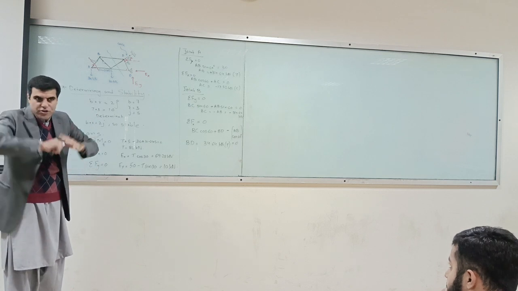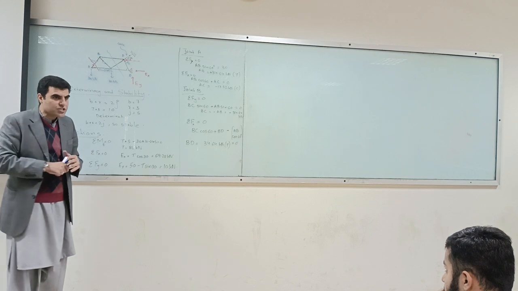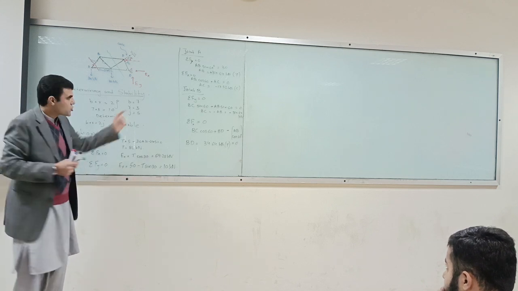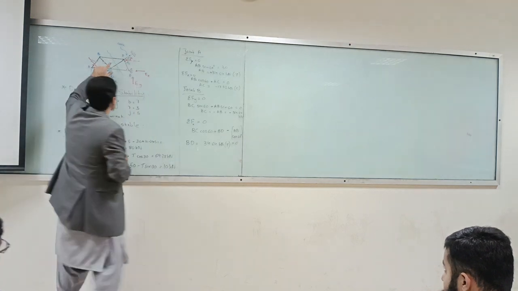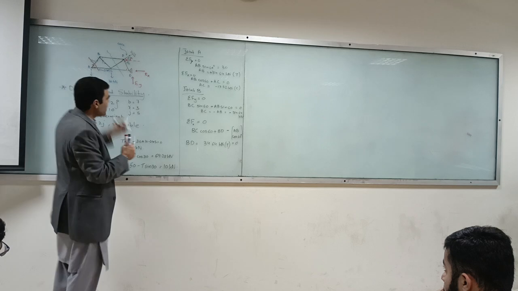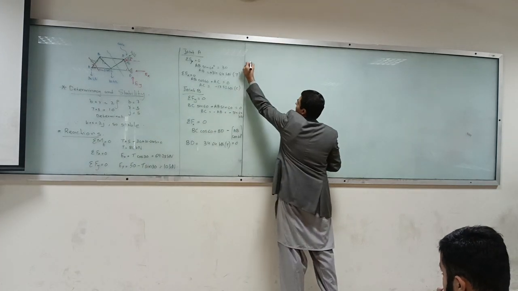Only those forces you consider in your free body diagram, and use summation of moment on them and find out your unknown. So you cut it like this. For method of sections, just quickly, this is the last one.